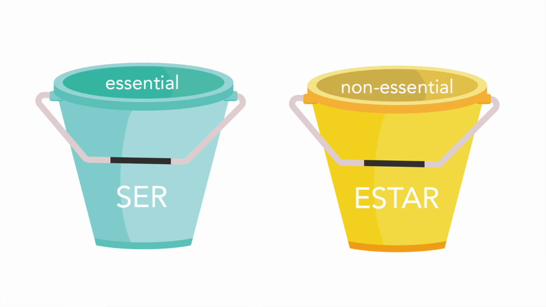Let's just dive in. So the basic idea here is that we're dropping concepts in Spanish into buckets that native speakers do. For example, very often when you hear people talking about ser versus estar, we're talking about essential characteristics versus non-essential characteristics.